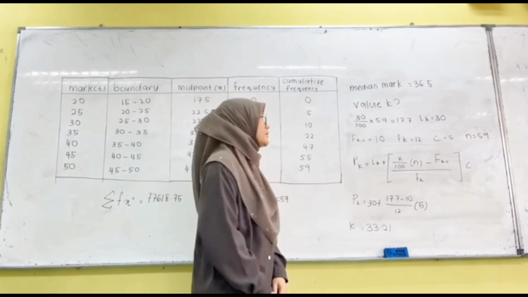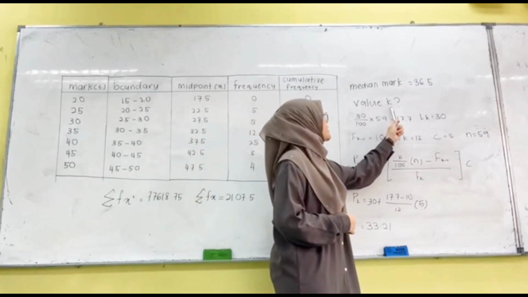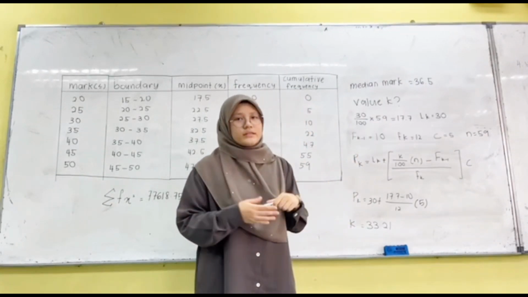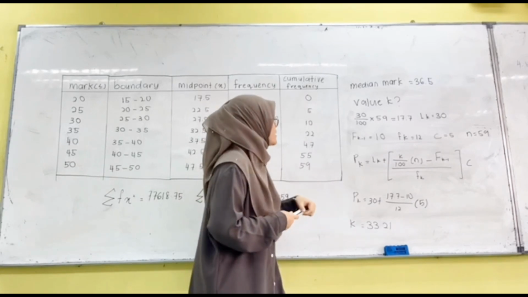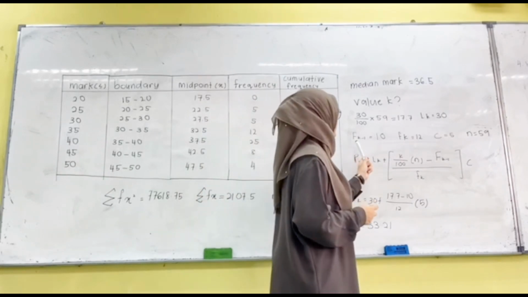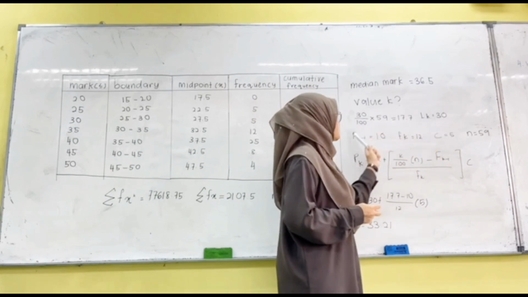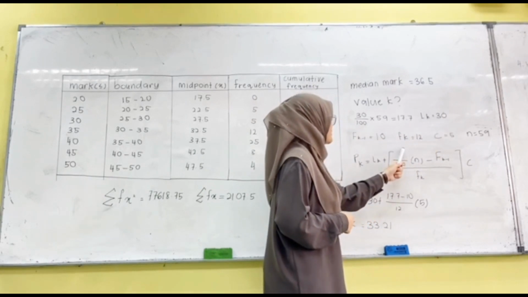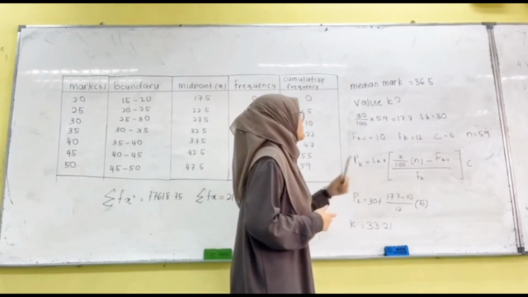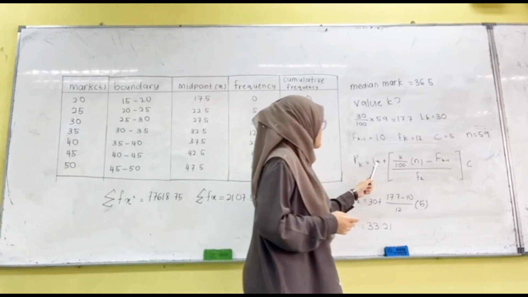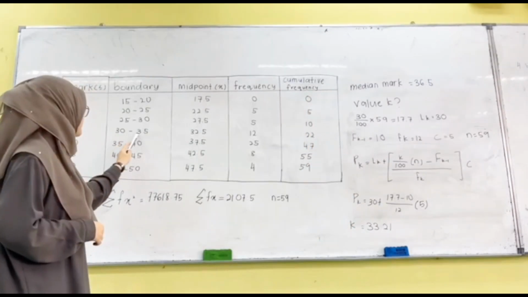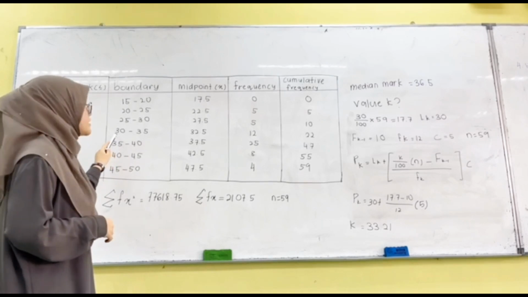For question 1c, they ask you to find the value of k such that 70% of the data is more than k. So we have to find each of this information to substitute in the percentile formula. This is the lower boundary, which is 30.